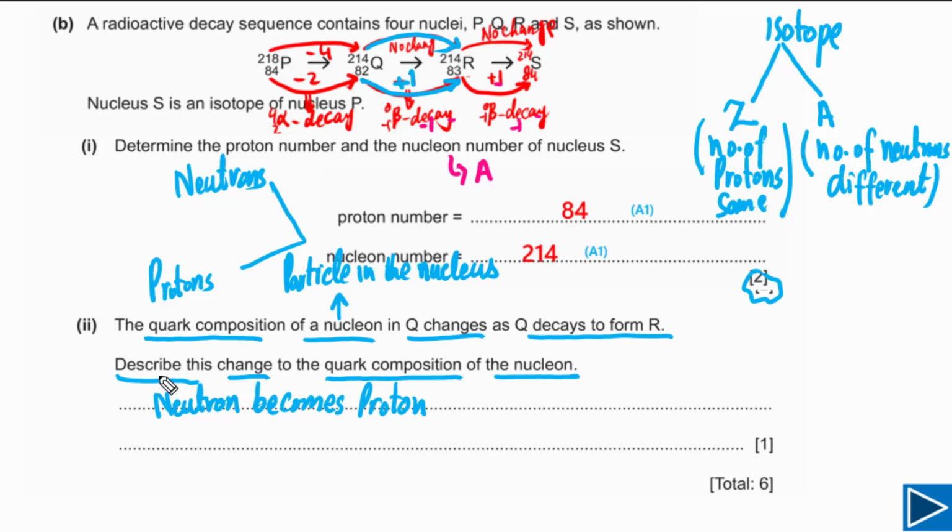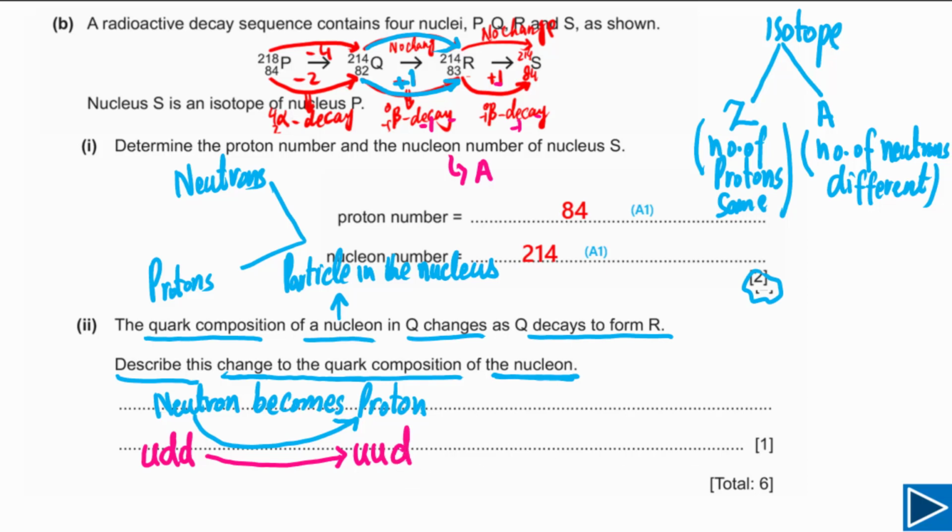Now the question is asking us to describe this change to the quark composition of the nucleon. In this case, a neutron changes to a proton. A neutron consists of one up quark and two down quarks, and a proton consists of two up quarks and one down quark.